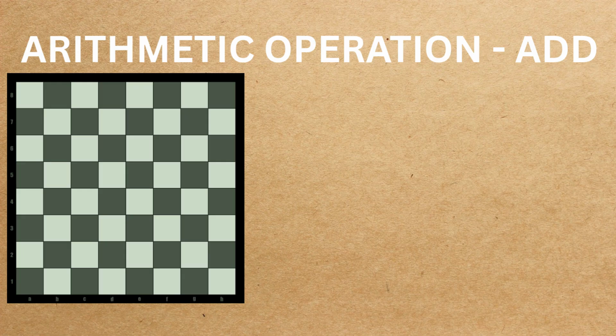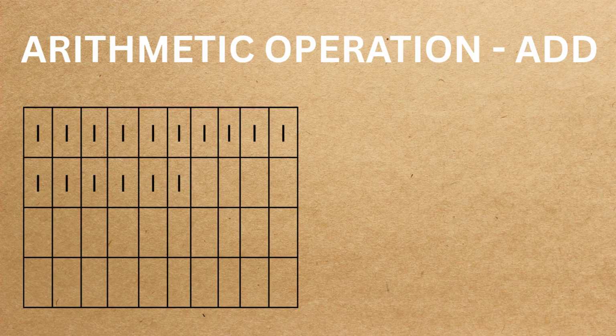Suppose they wanted to represent the number 16. What would they do? First, they would place 10 sticks together in one row. Then the remaining 6 sticks would go into the next row. Now, here comes the clever idea. A group of 10 sticks was treated as a single block.